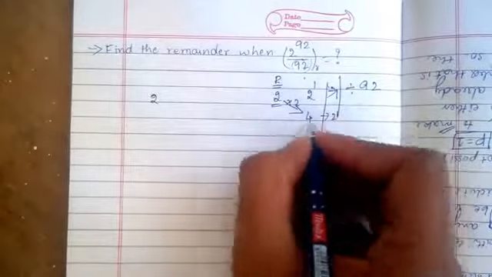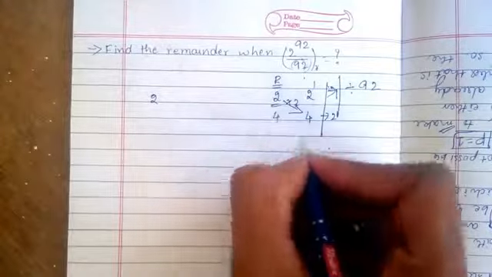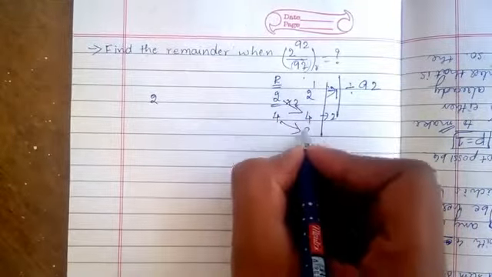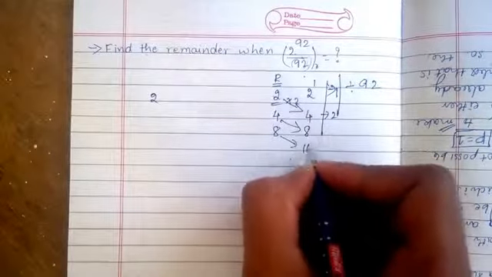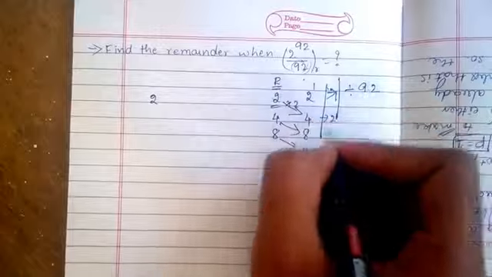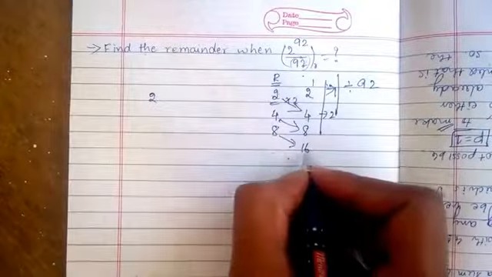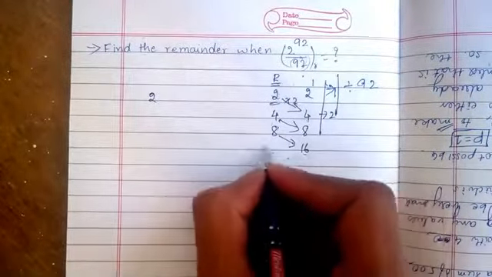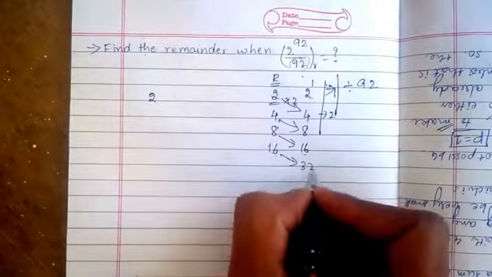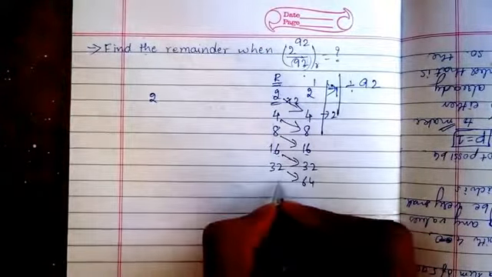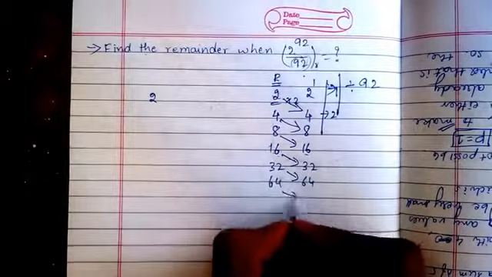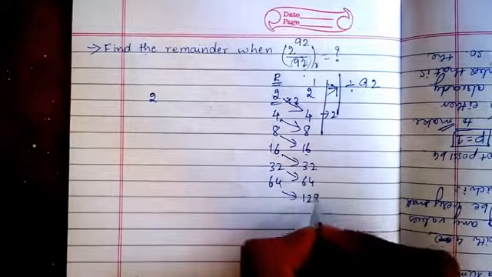Now 4 divided by 92 also gives a remainder 4, then into 2 gives me 8, again remainder 8, then 16. The number has to cross 92 to give you a different remainder. 8 2s are 16, remainder 16, 32, remainder 32, then I have 64 and remainder 64, then we have 128.